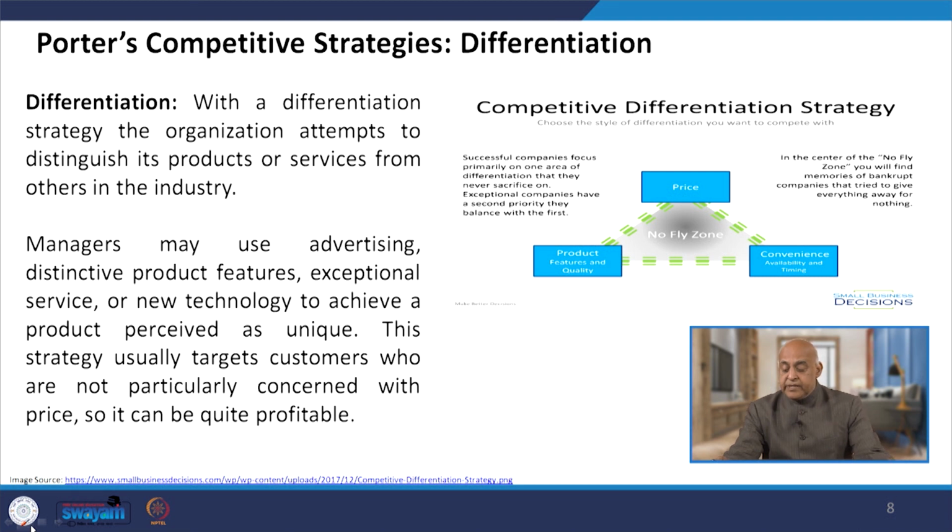In the center of this no-fly zone, you will find memories of the bankrupt companies that tried to give everything away for nothing, and therefore you also have to understand certain examples: those which tried to differentiate themselves but did not become successful and became bankrupt.